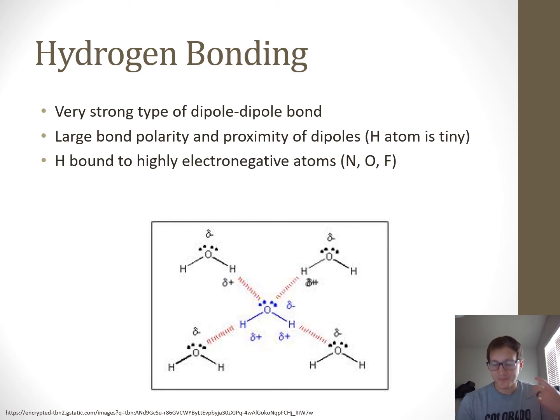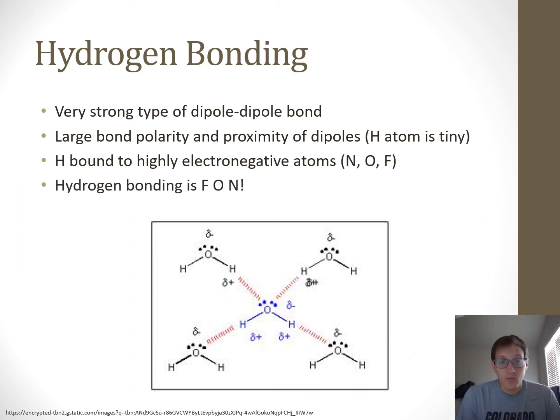So for example, in water, H2O, that's hydrogen bonded to oxygen. So there's very strong hydrogen bonding going on between the molecules in a tub of water or however much water. Okay, the attraction between the water molecules is hydrogen bonding, a very, very strong type of dipole-dipole bonding.